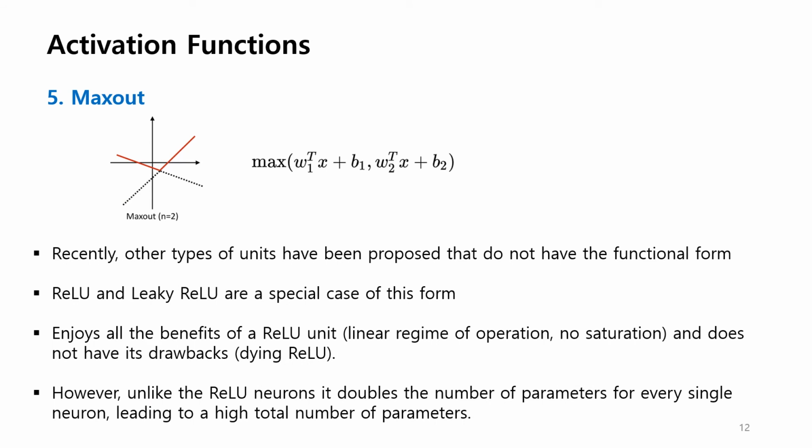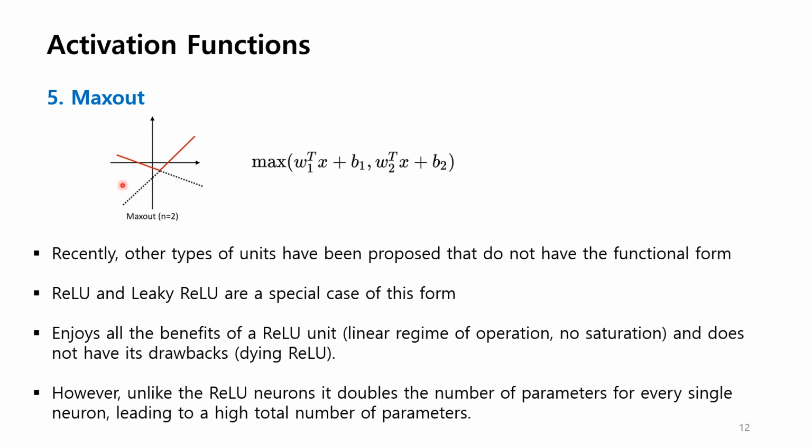The next activation function is called maxout. This is the shape of maxout, and this is the formula. What happens here is you draw two lines, whatever, and for a certain value of x, you choose the larger value between these two.